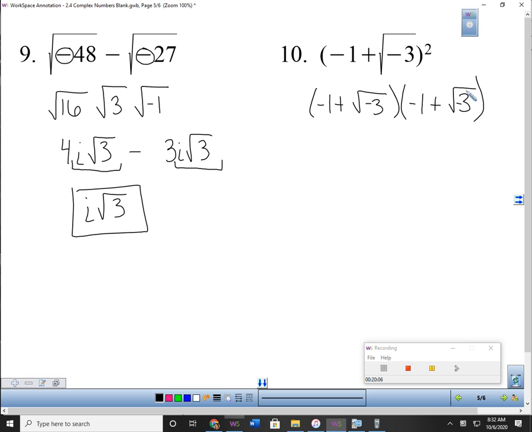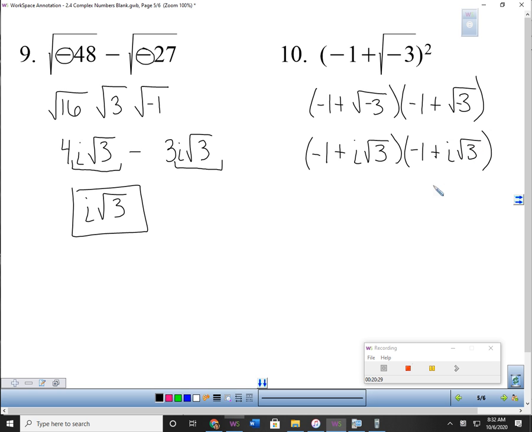Now, I don't want that negative in there when I start multiplying. So instead of saying the square root of negative 3, I already know that's going to be an i. So I'm going to say negative 1 plus i square roots of 3, negative 1 plus i square roots of 3.